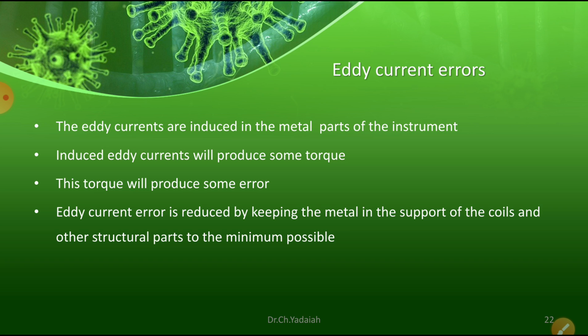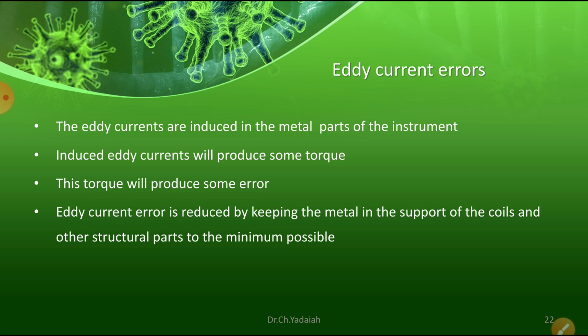If these are solid, automatically a current flows in the metal parts, and that current is known as eddy current. Due to these eddy currents, it produces its own magnetic field. This field always opposes the main field as per Lenz's law. So the main field decreases, the deflecting torque also decreases, and the meter reading is also reduced.